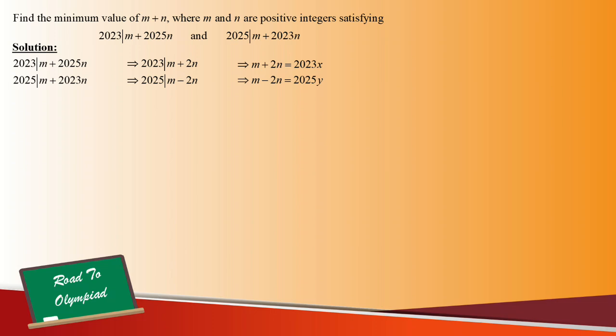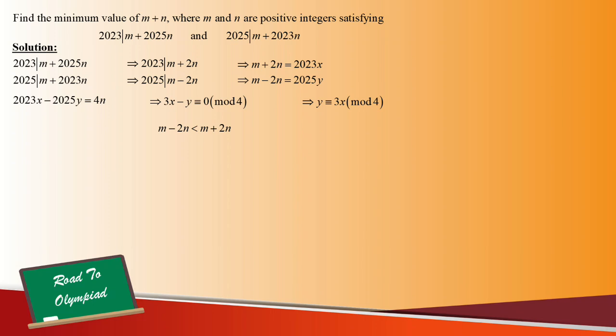Subtracting the two equations gives us 2023x minus 2025y is equal to 4n. Taking congruence modulo 4 and doing some slight rearrangement, we have y is congruent to 3x mod 4. Now, notice that m minus 2n is definitely less than m plus 2n, due to the fact that both m and n are positive.